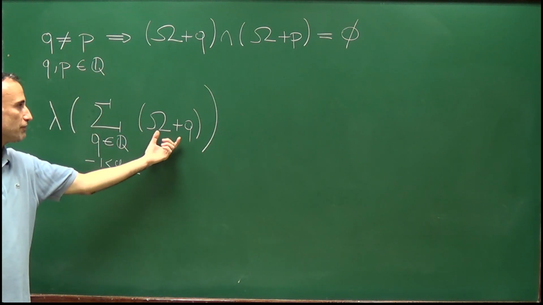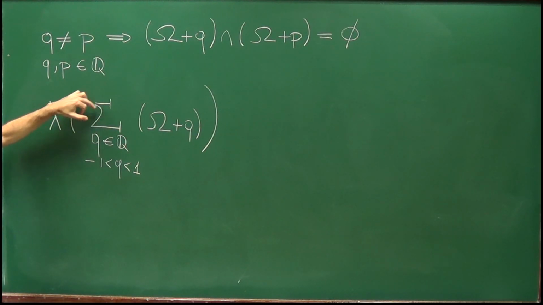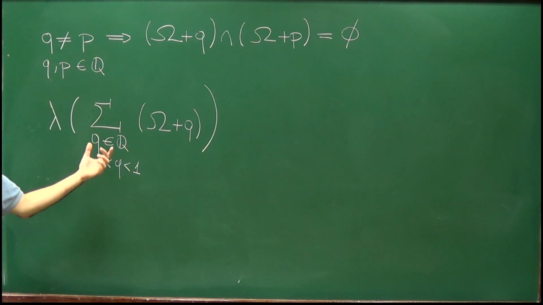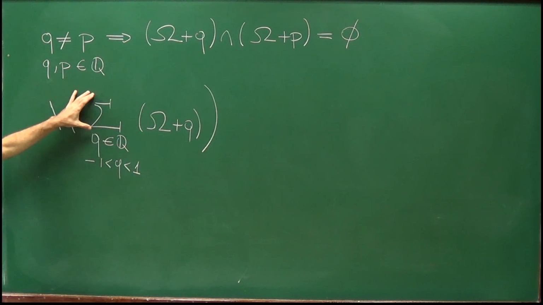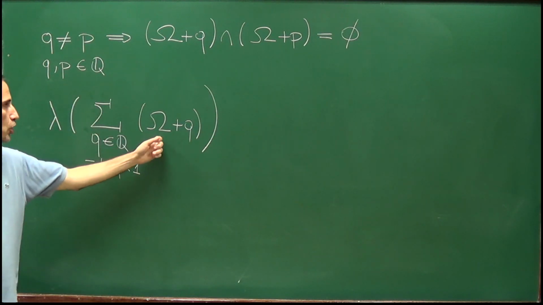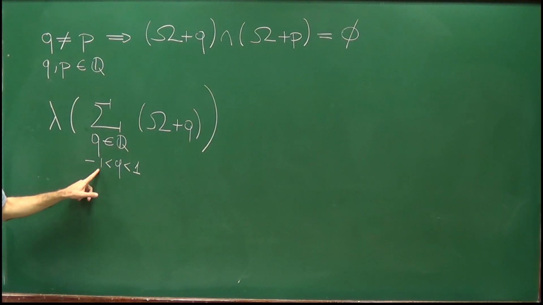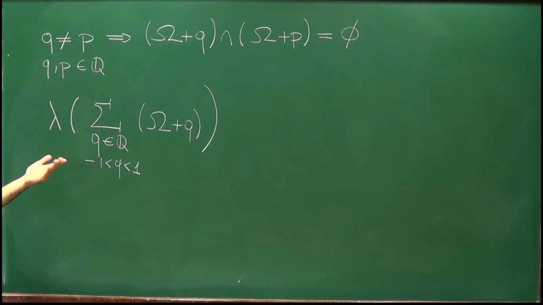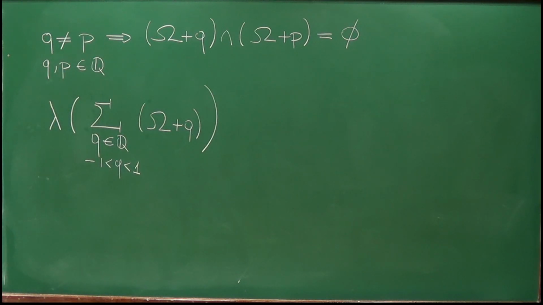Whenever I have disjoint subsets, instead of writing the union, I will write this symbol to mean that I'm taking the union of disjoint sets. So here I'm taking the union of all sets omega plus q, where q is a rational number between -1 and 1. And what's important to realize here is that these sets are all disjoint by the claim I proved a minute ago.